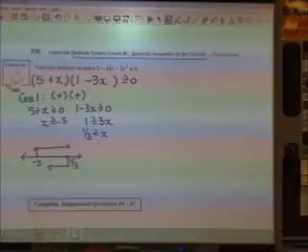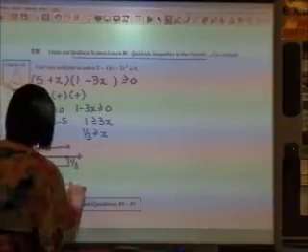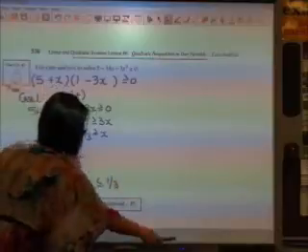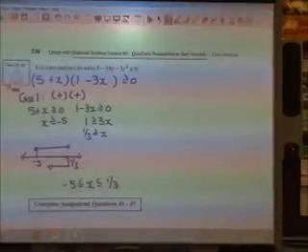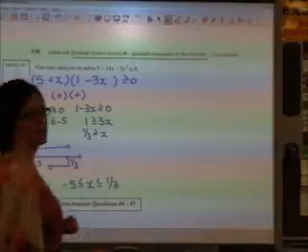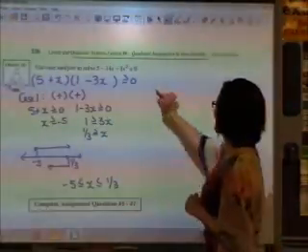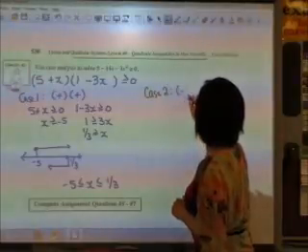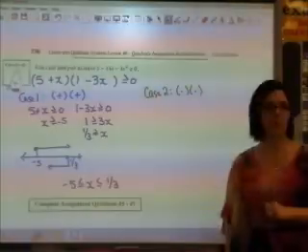So that's a possible solution, is that x has to be between -5 and 1/3. That's the first case.